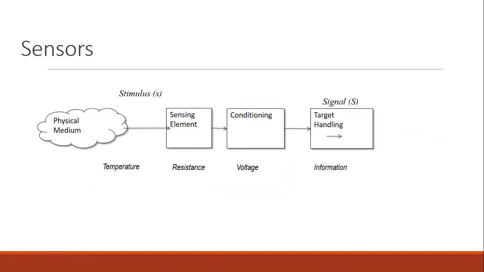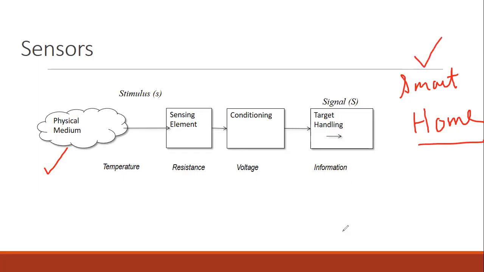Here you can see this is your physical medium. Suppose we are taking the example of a smart home. We are making an application or a prototype for a smart home.